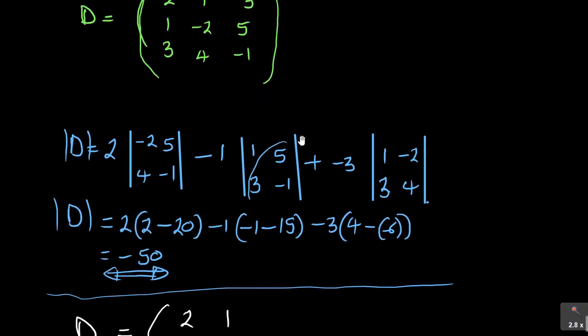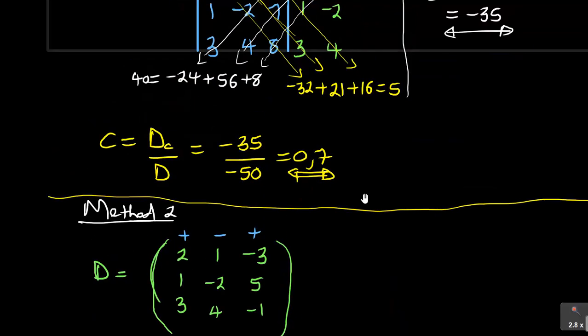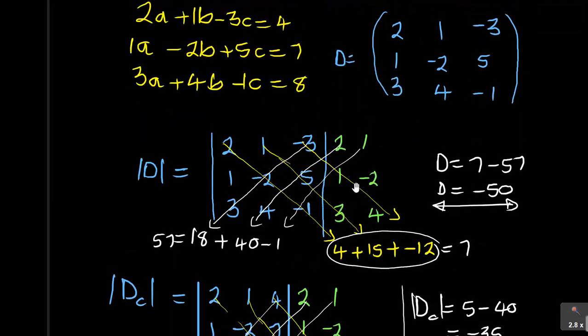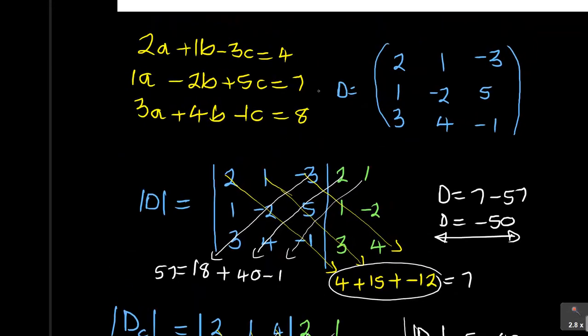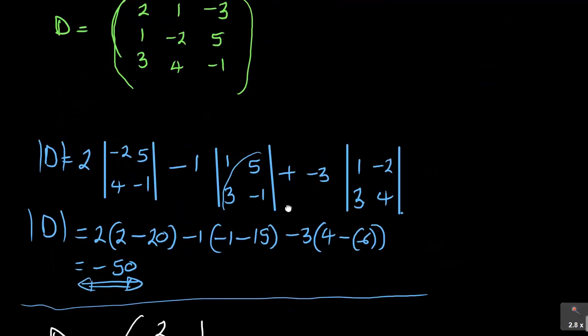Now instead of writing the values of C as minus 3 5 and minus 1, I write the values of the equation, which is these values. Those are the values I'm writing, 4 7 and 8. So that's what I'm gonna write, the 4, the 7 and the 8.